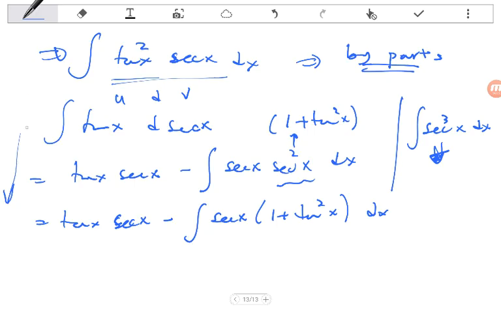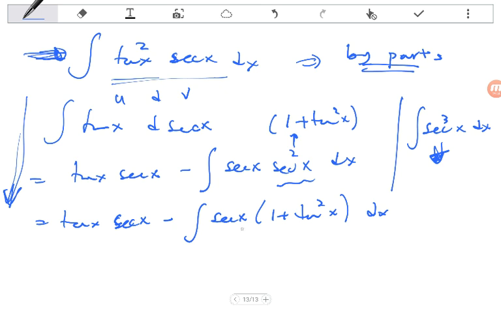Now these steps, you should be trained on these steps. This formula is just standard. So I make by parts, then the resulting integral I express it in terms of the original integral by the trigonometric formulas that I know.